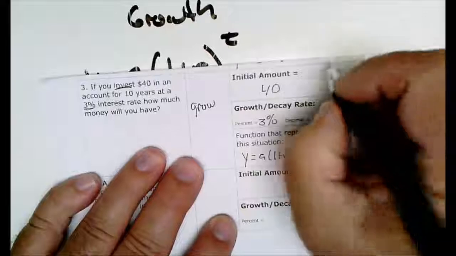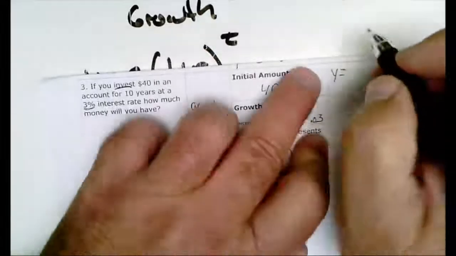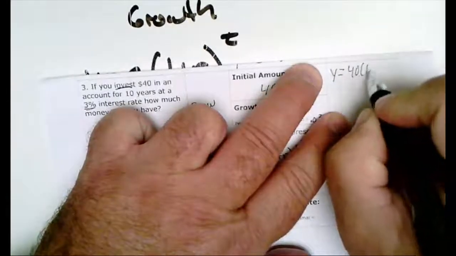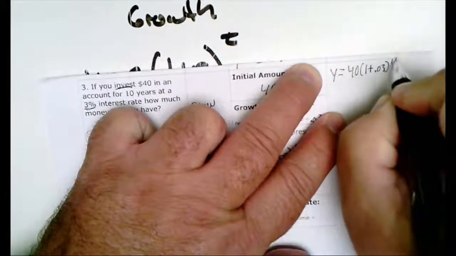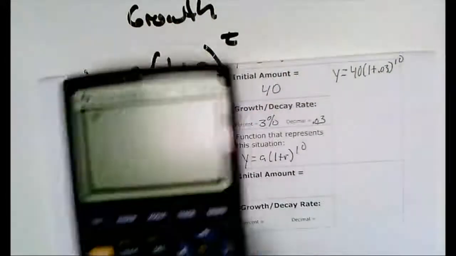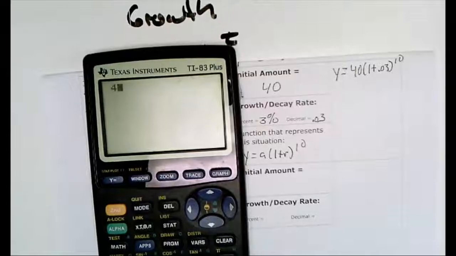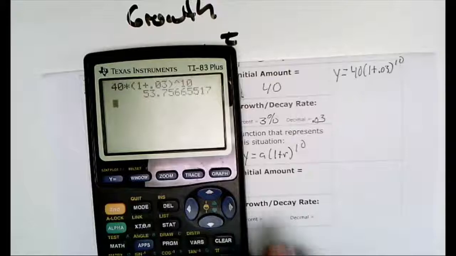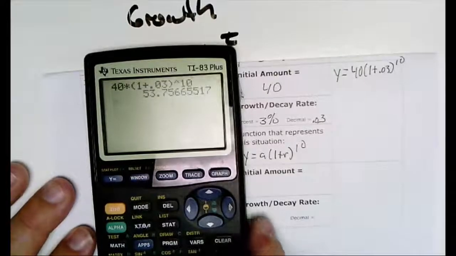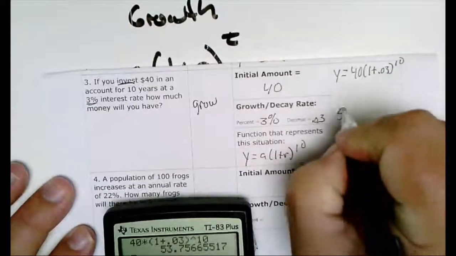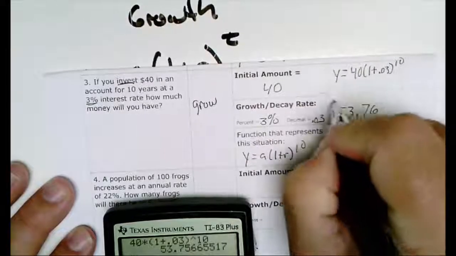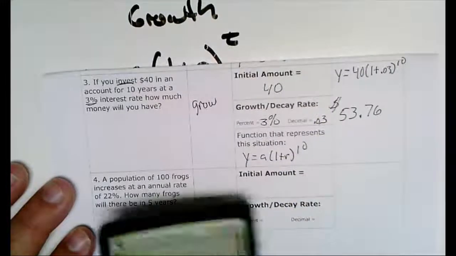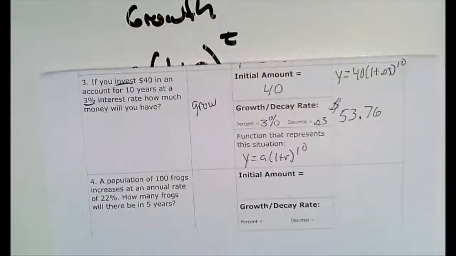So we have y is equal to 40 times 1 plus 0.03 to the 10th. Okay, again, we'll use our handy dandy calculator to make our lives simple. Times 1 plus 0.03 to the 10th power. And we'll have $53.76. So, in 10 years at 3%.